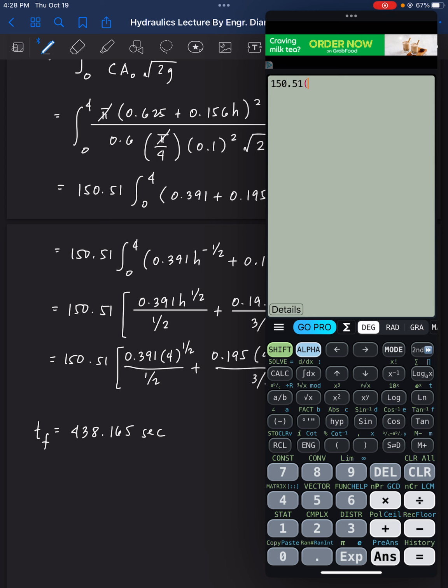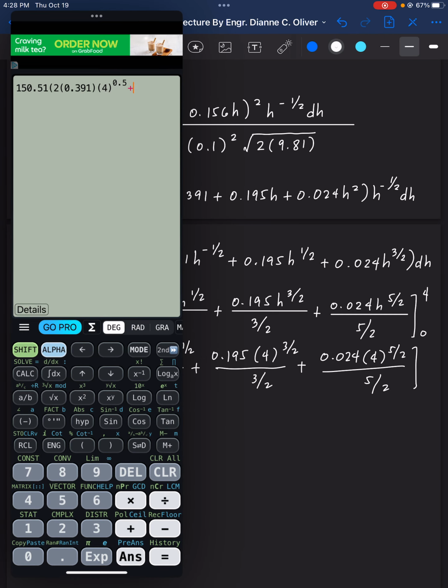So this is 2 times 0.391 times 4 raised to 0.5 plus 2 times 0.195 times 4 raised to 1.5 all over 3, plus 2 times 0.024 times 4 raised to 5 over 2, all over 5.